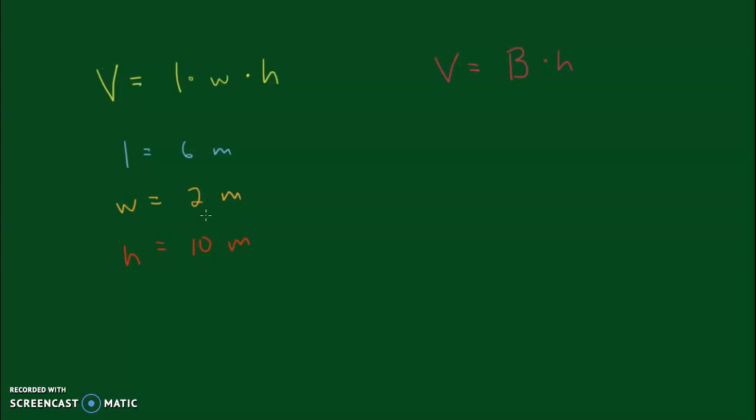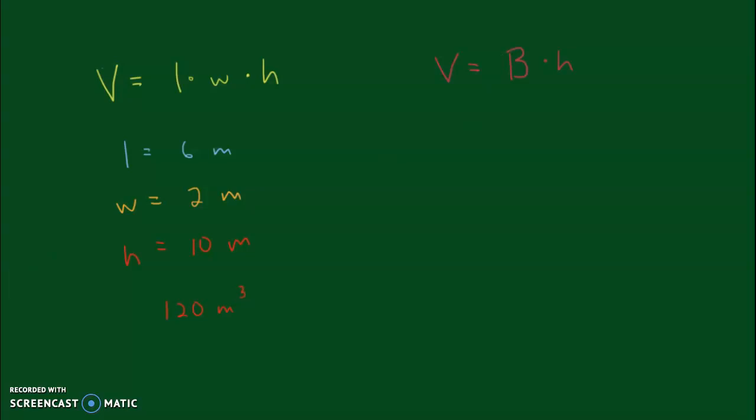Well, if we multiplied all those together, 6 times 2 is 12, times 10 is 120. So that volume would be 120 meters. And don't forget to put your cubed symbol, or the exponent for cubed, which is a 3.